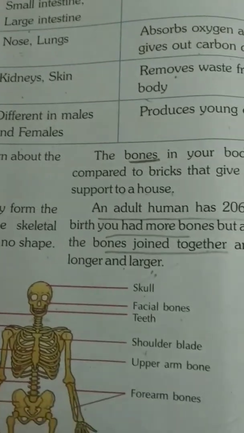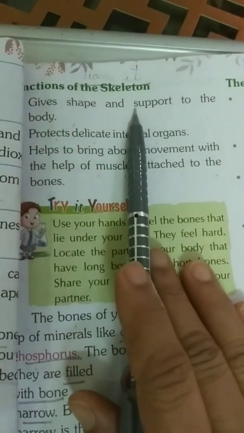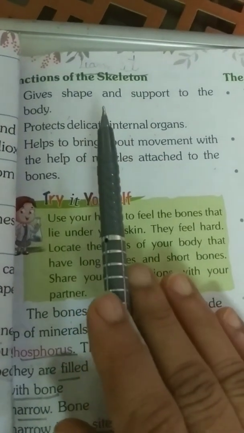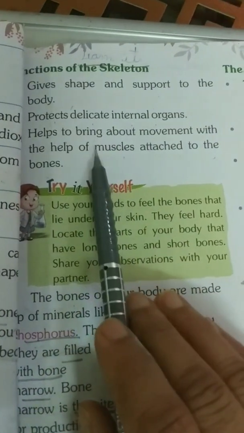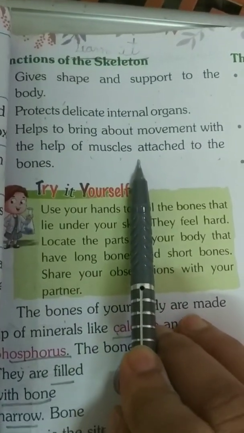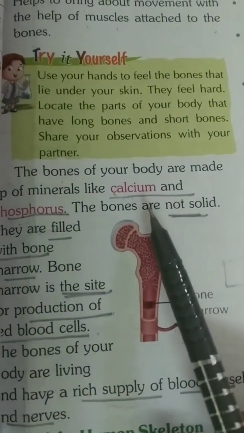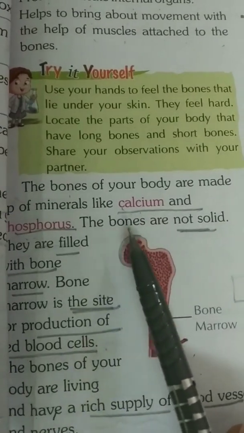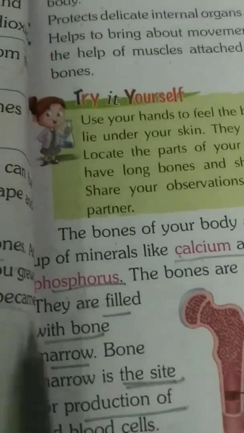And another thing, we discussed the functions of the skeleton. Three functions we discussed: the skeleton gives shape and support, protects delicate organs, and helps to bring about movement with the help of muscles. Then we discussed the bones, which are made of two minerals, calcium and phosphorus.